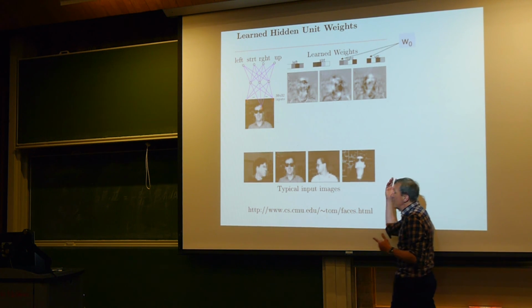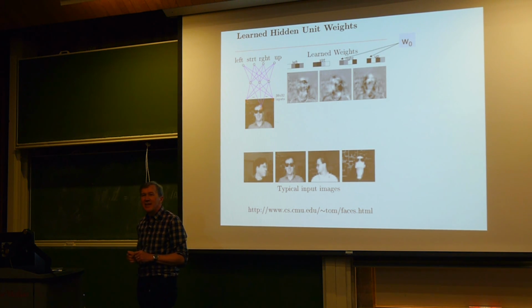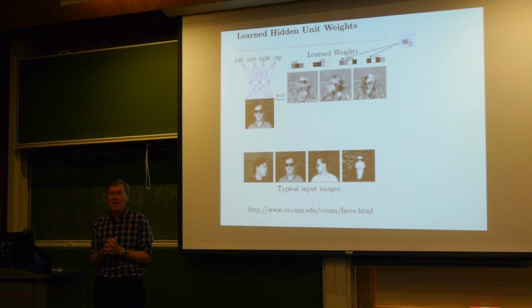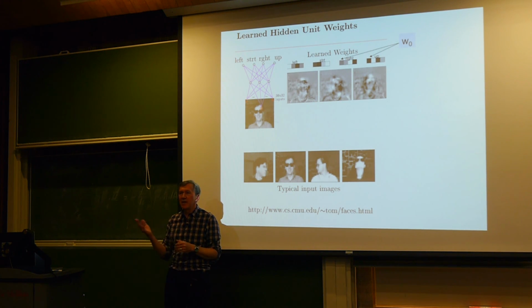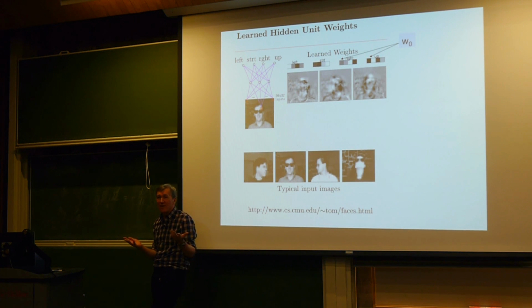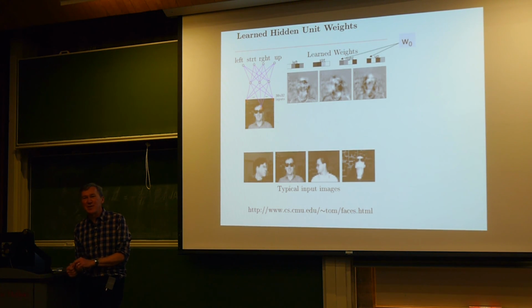A good engineering rule of thumb is, for any problem, you start with half a dozen hidden units with these kinds of networks. And if you're not happy, then try doubling that and see if it makes a difference. But there's not a science to choosing the number of hidden units, there's only an art.